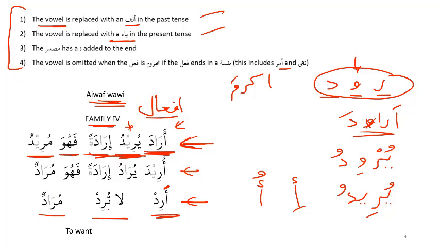The rules for the negative command we can go back and revise, but the central point being made here is that the middle letter is being dropped, and as before we have majzoom.